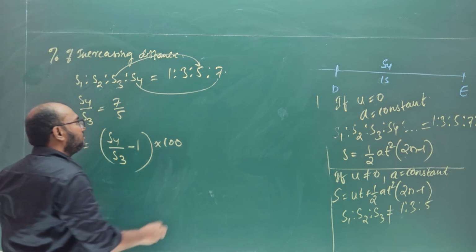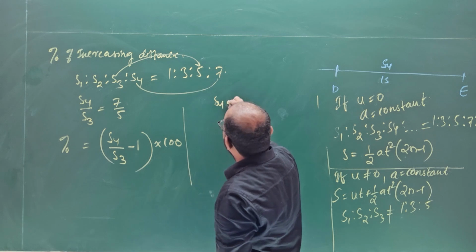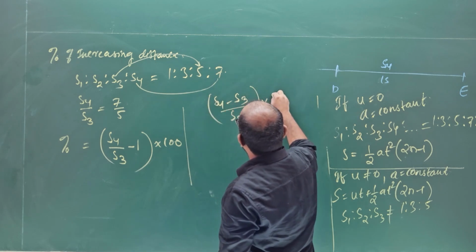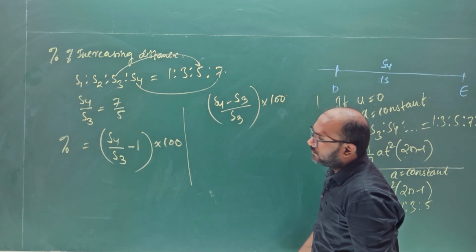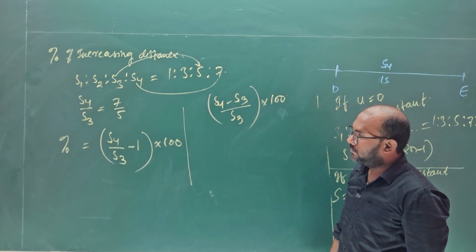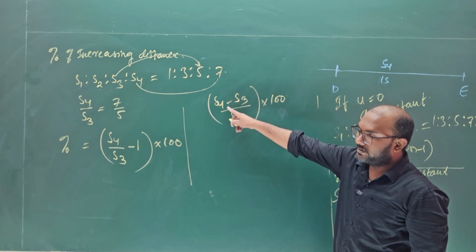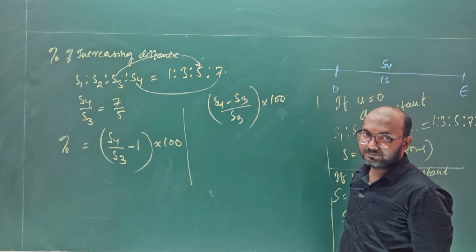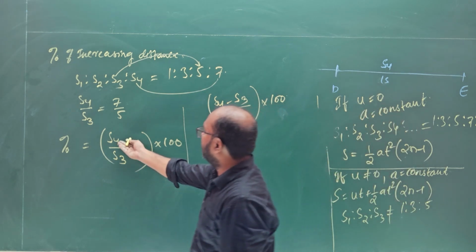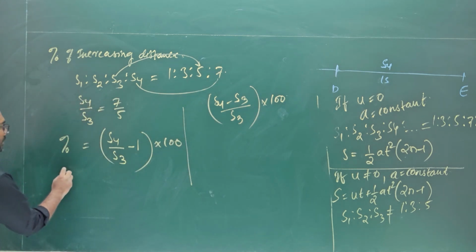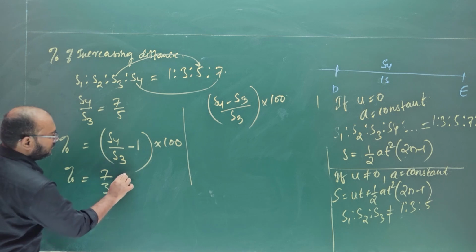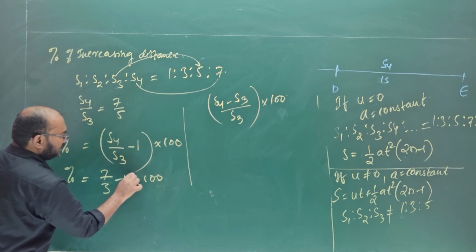In reality, we should be writing this as S4 minus S3 divided by S3 into 100, that is, the difference of distance divided by the asked distance into 100. Or you can also write this in this form: percentage is 7 upon 5 minus 1 into 100.